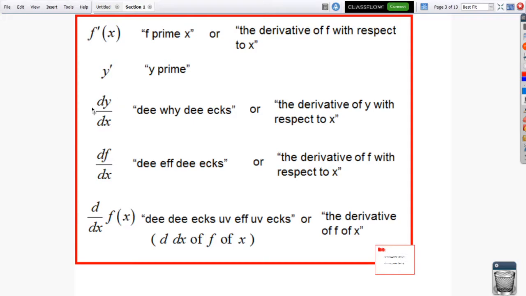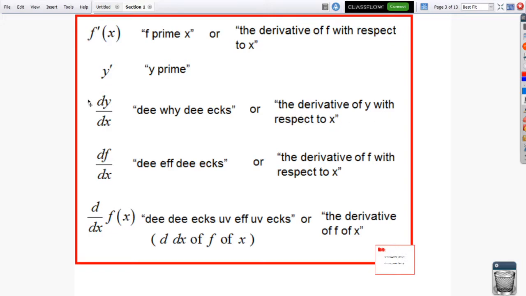This one right here is called Leibniz notation. When calculus was invented, there were two guys that really discovered it, and one of them, his name was Leibniz, and he used this notation to describe the derivative of y with respect to x. Nobody reads it as the derivative of y with respect to x.